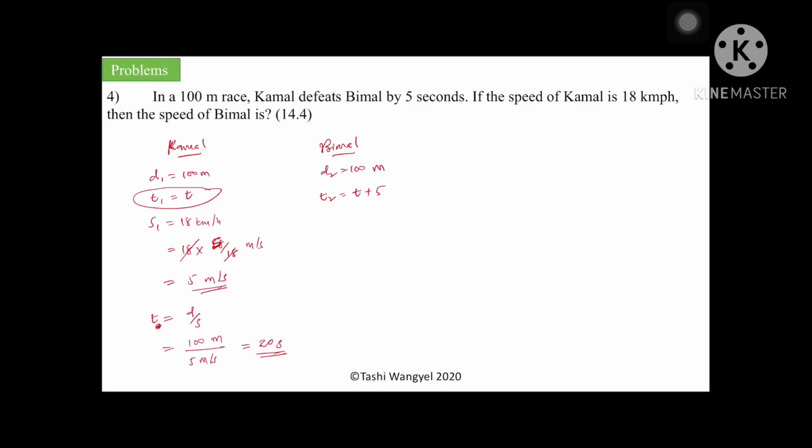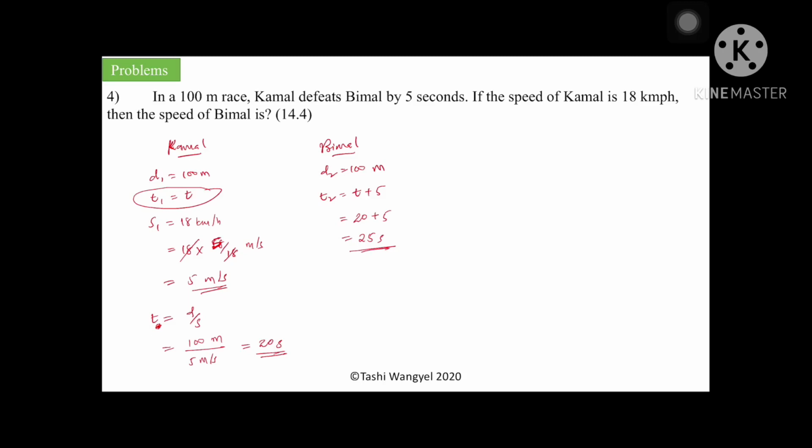Kamal takes 20 seconds and Bimal takes t plus 5, that is 20 plus 5, 25 seconds to complete the 100-meter race.